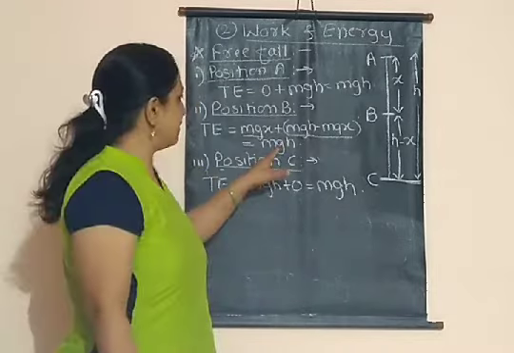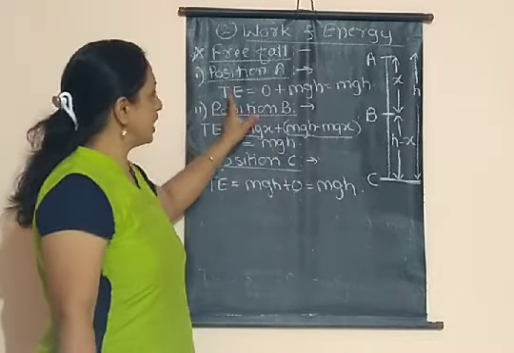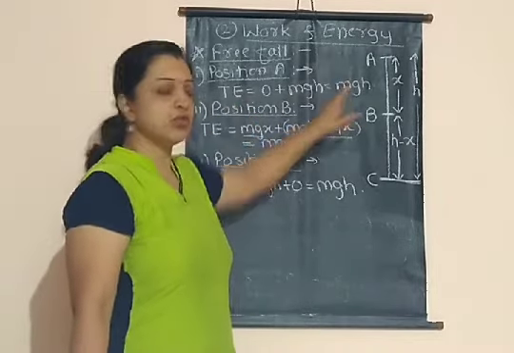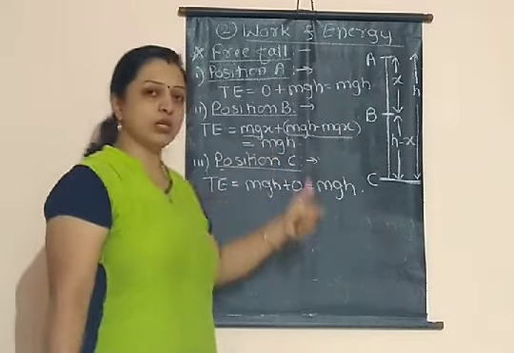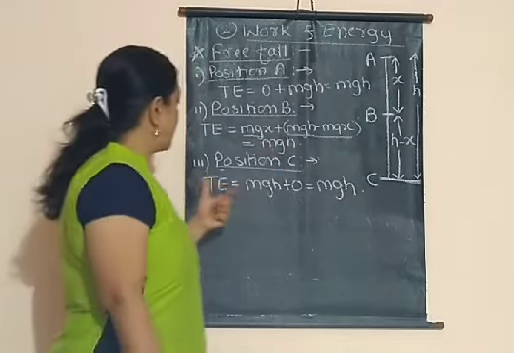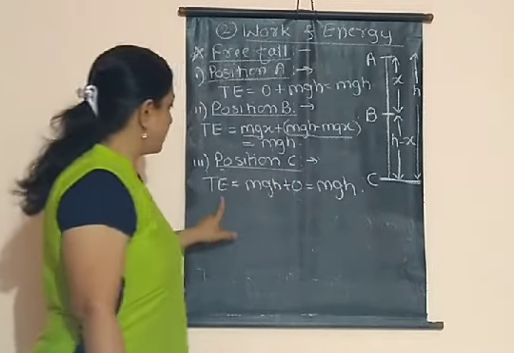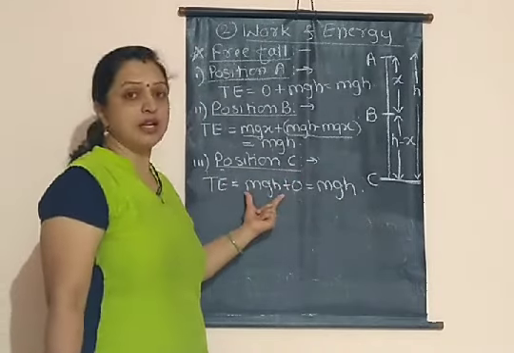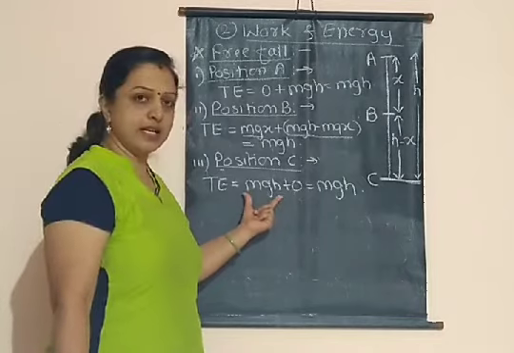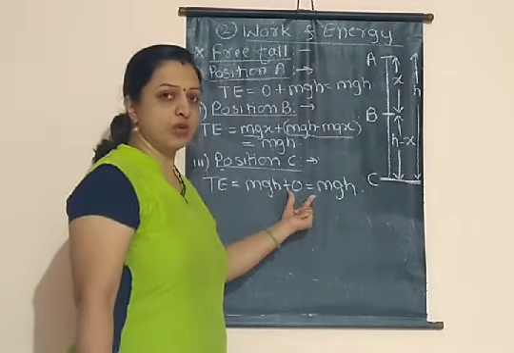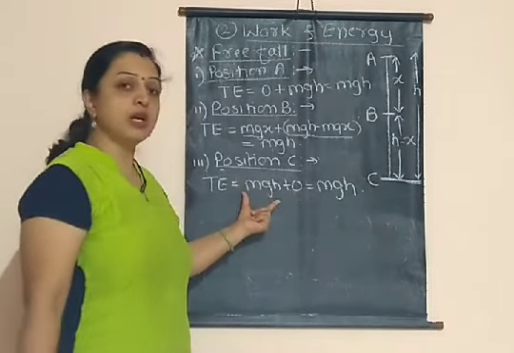You can see from this formula, at position A the total energy is mgh, at B also the total energy is mgh, and lastly at position C, the total energy is purely kinetic. You can see this is the kinetic energy, potential is 0 here, so the total energy is purely kinetic.